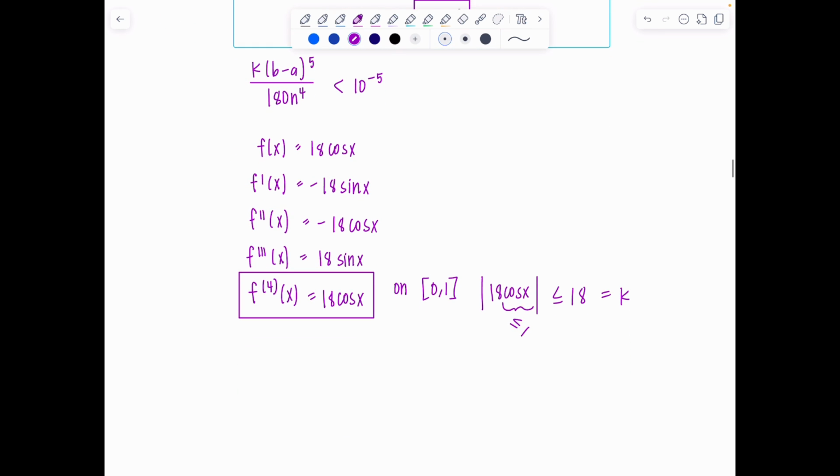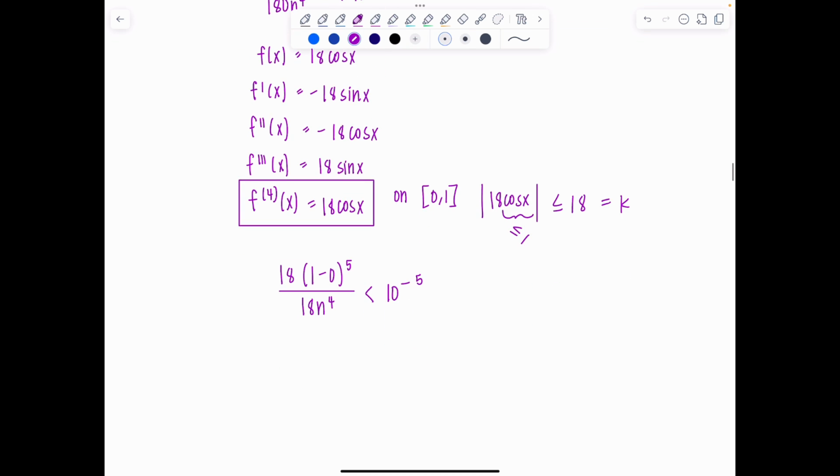K is 18. So we have 18 times 1 minus 0 to the fifth over 18 n to the fourth is less than 10 to the negative fifth. And then no, there's no calculator, so they've got to solve this. So, oh, this should be 180, excuse me. 180 n to the fourth.